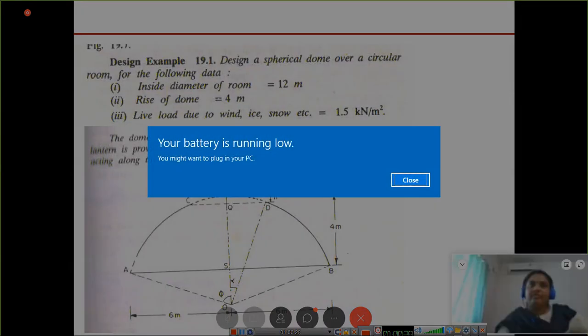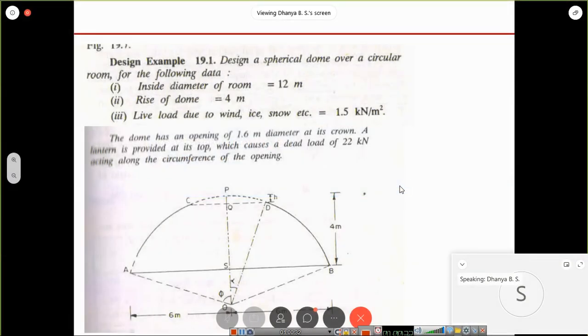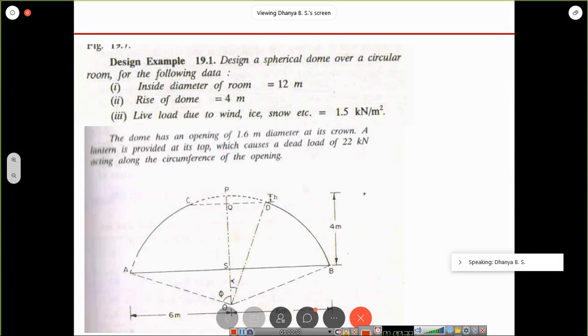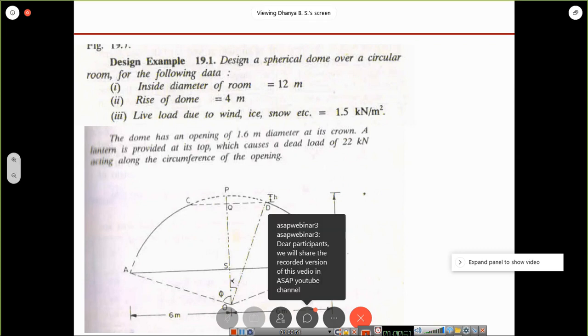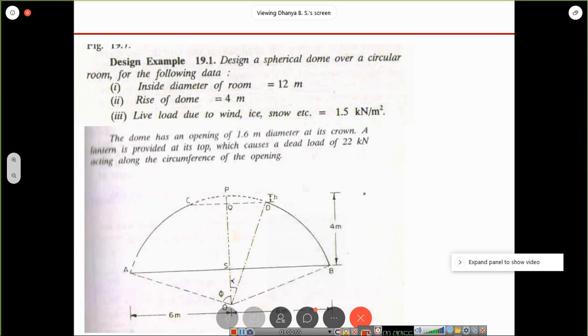In a practical scenario, I would always recommend having a ring beam at the bottom, so that if any accidental cases come, it can take up the horizontal loads. Otherwise, theoretically speaking, there is no need for having a ring beam there.